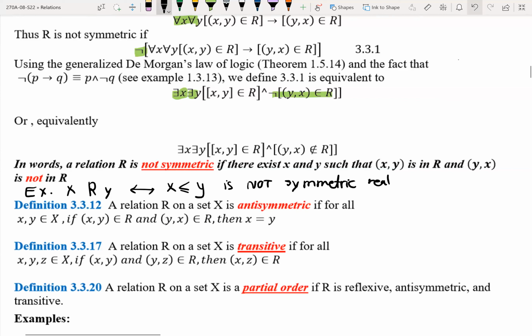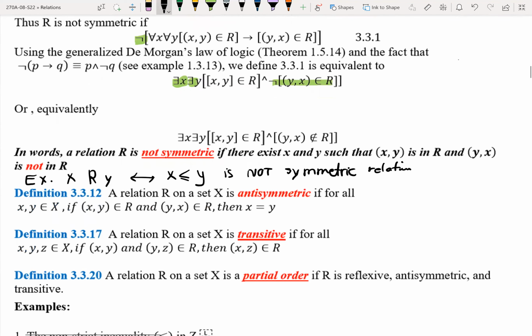Because that's what is true in real numbers. In real numbers, this is always one-way growing, increasing numbers. If you have 1 less than or equal to 2, that's true, and then 2 less than or equal to 1 is false for sure. There are infinitely many examples to show why it's not symmetric.